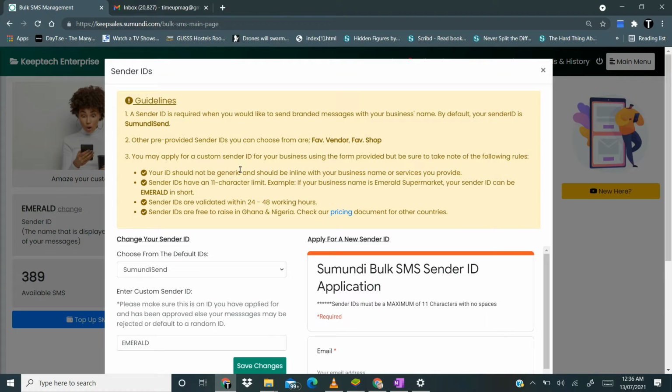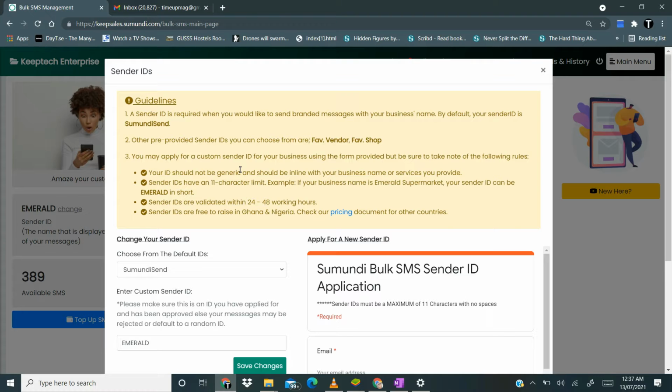Now our sender ID guidelines. The first rule we have to take note of is that a sender ID is required when you would like to send branded messages with your business's name. By default, your sender ID is Sumundi Send. What this means is that if you are going to send any message in your name, a sender ID is required, meaning you have to apply for a sender ID.